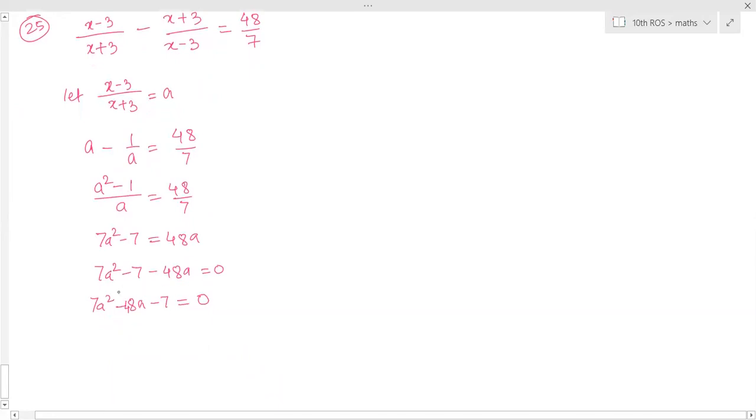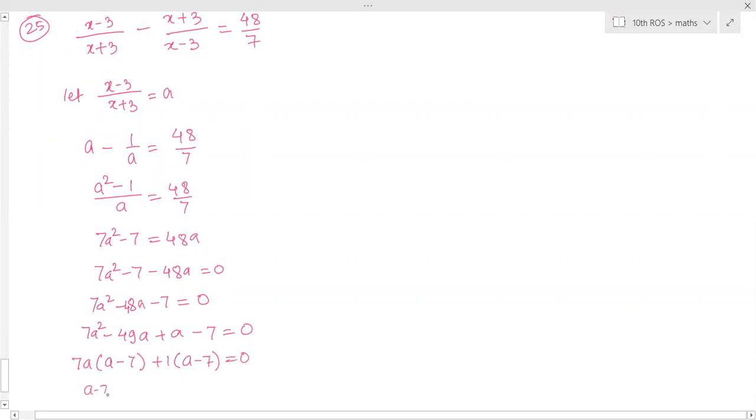Then do the middle term splitting. 7 sevens are 49, so minus 49 is the product and the difference is minus 48. So the middle terms are minus 49 and plus 1. 7a square minus 49a plus a minus 7 is equal to 0. 7a is common: 7a into a minus 7 plus 1 into a minus 7 is equal to 0.